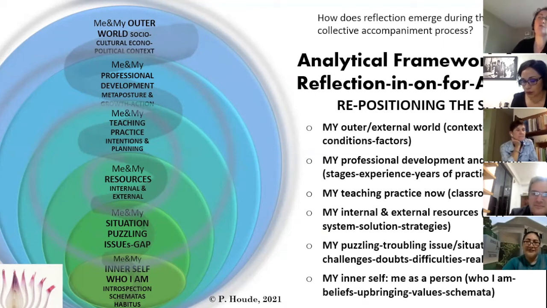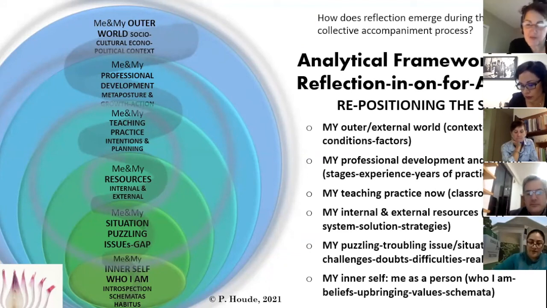And what I've been finding very interesting is how reflection evolves during the process. This could apply to the CAM or to any other model. I think this is quite applicable in different ways of reflection, because reflection is not static, as we know.